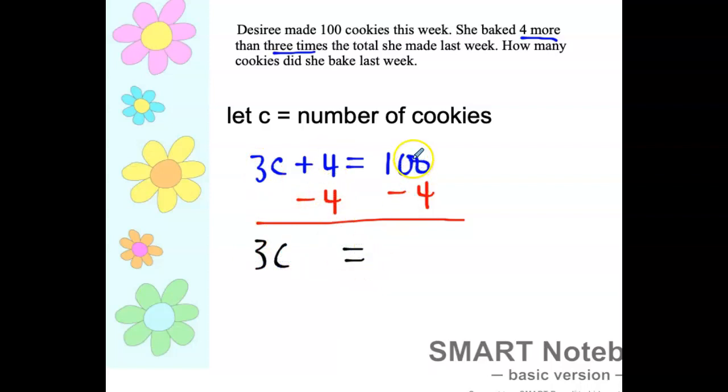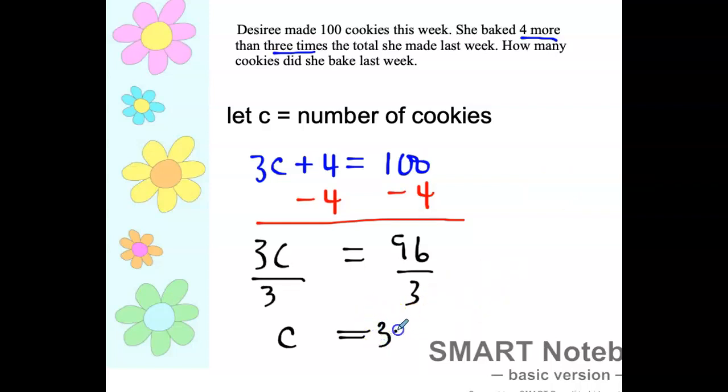Then 100 minus 4 gives you 96. Then we divide both sides by 3 to isolate the variable, which is the letter c. So 3 divided by 3 gives you 1, and the factor that remains is c, or we could say 1c. Then 96 divided by 3, you could do your simple mathematical operation, gives us 32.